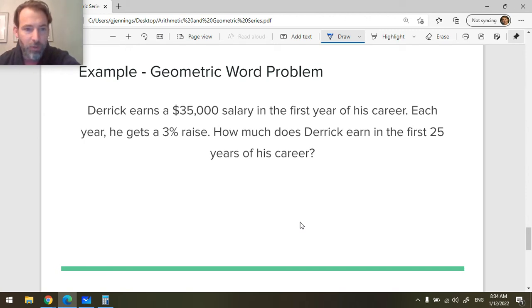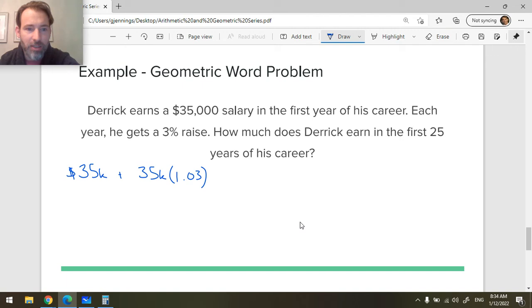So, if we wrote this sequence out, it would be 35K. I'm just going to write down 35K, it saves me writing down all these zeros. Plus 35K multiplied by 1.03.